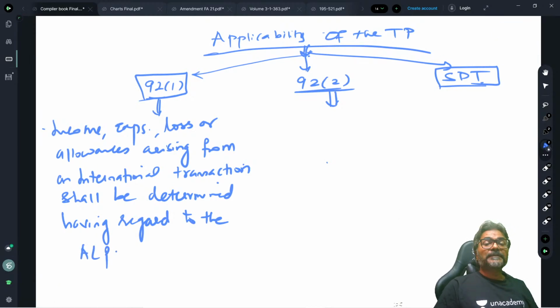So income, expenditure, loss or allowance arising from an international transaction, students, shall be determined having regard to the arm's length price.